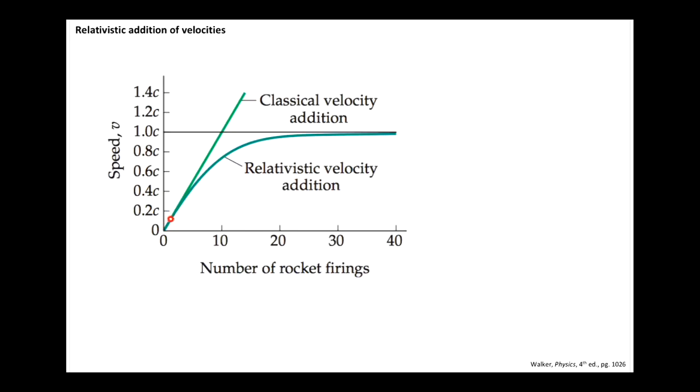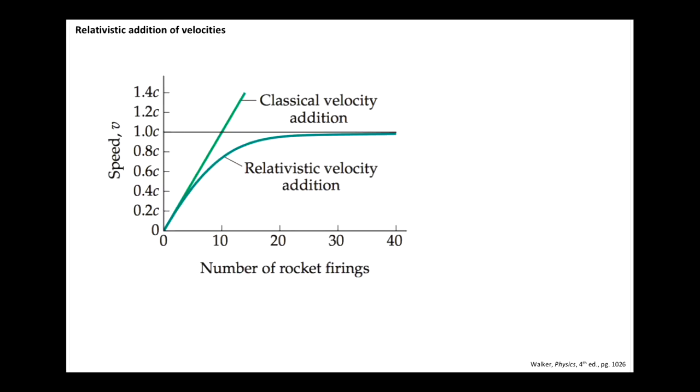That can't indefinitely continue, because eventually, after 10 firings, I'm going to hit the speed of light and then go beyond it. I can't go faster than the speed of light. Instead, what's going to happen is as I get closer and closer to the speed of light, my firing of the rocket doesn't do me as much good, which means maybe this firing from 10 to 11 only gets me like 0.05 extra velocity.